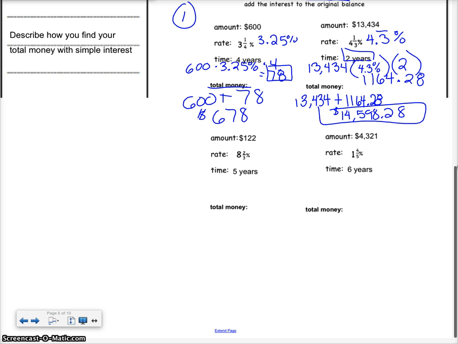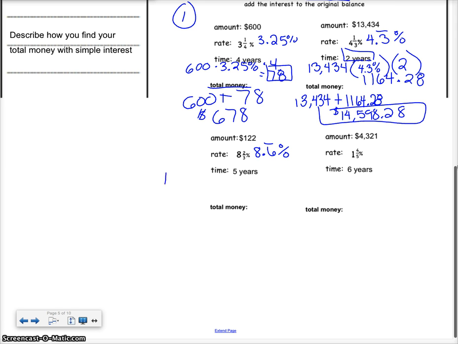Okay, next one. Let's say that I invest a little $122 at an interest rate of 8 2/3% for 5 years. Well, notice that you're investing a little bit, so I really don't think we're going to earn much interest, but let's check it out. 8 2/3, if you go 2 divided by 3 in your calculator, that's 0.6 repeating. So this is really 8.6 repeating percent.